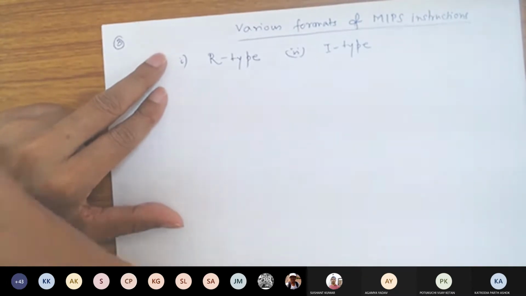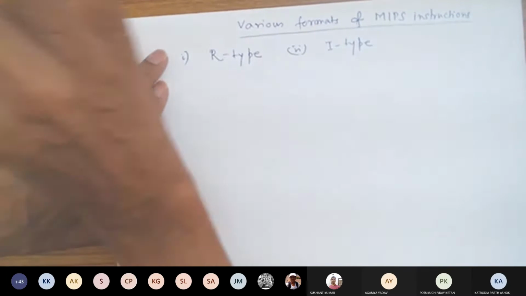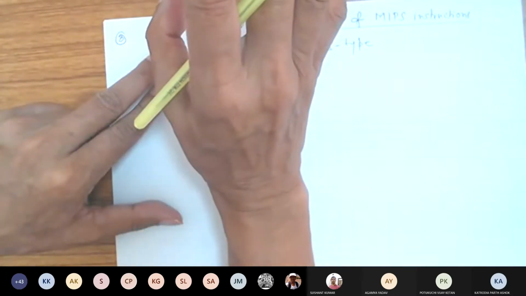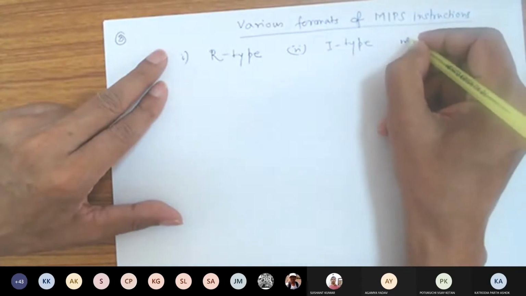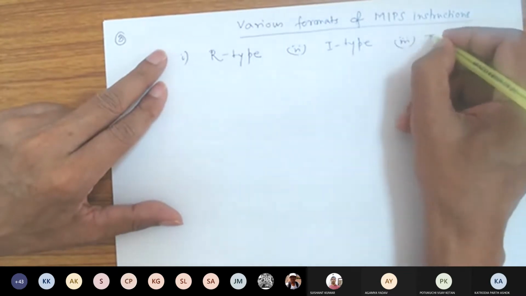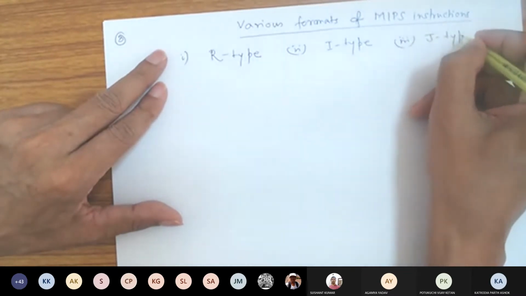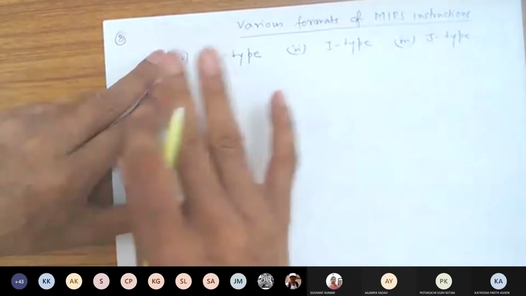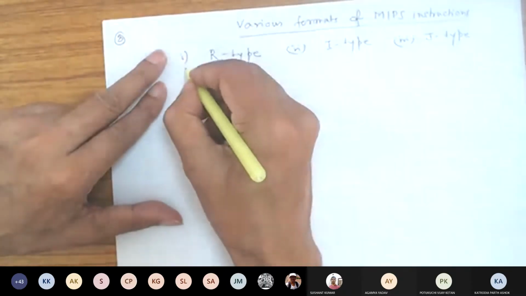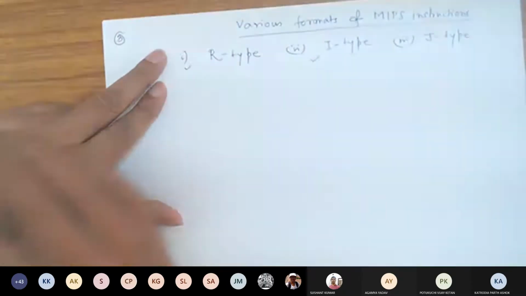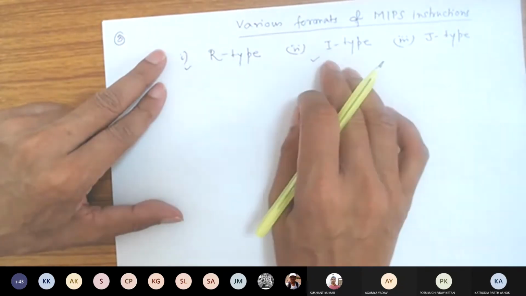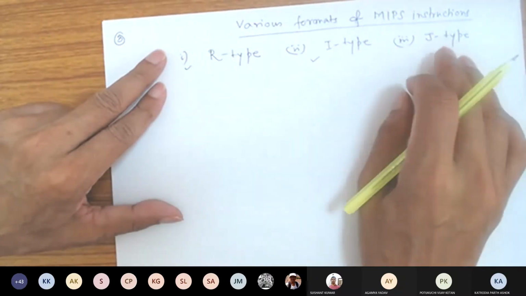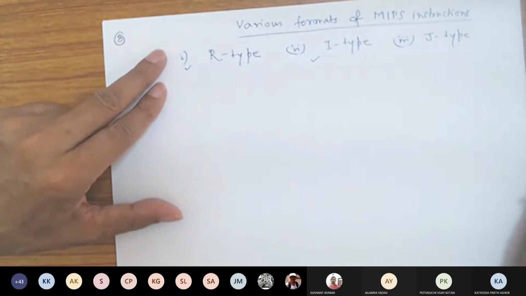These are the primary formats. There is another format also, the jump type, the branch format. We'll look into that at a later stage. Basically we can write it as J type. Now let us first look into R type, I type and J type. R type stands for register type, I type stands for immediate type, J type stands for jump or branch type.